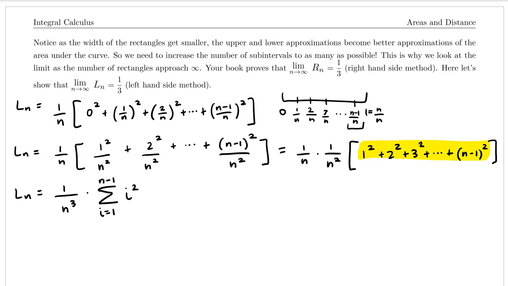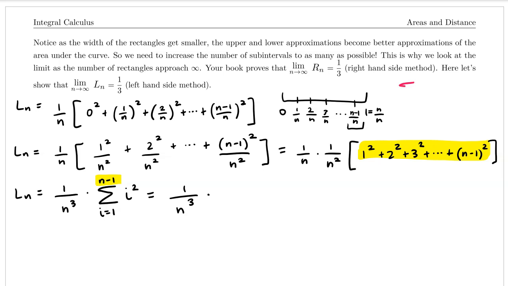Now, you want to be a little bit careful here. Because we're doing a left-hand Riemann sum, the upper index is n minus 1. And the theorem that we learned about requires that our upper index be n and not n minus 1. So we have 1 over n cubed times, instead of plugging in n into the formula, we need to plug in n minus 1.